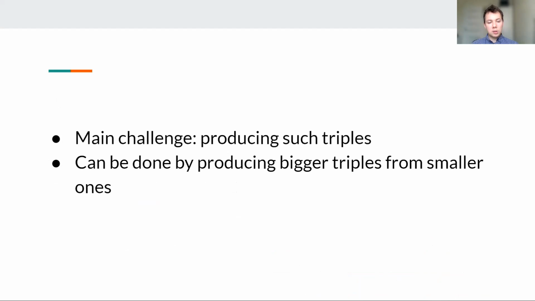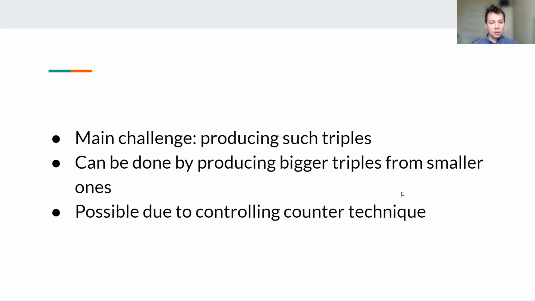And we do it by producing bigger triples from smaller ones. And this is possible due to the controlling counter technique.